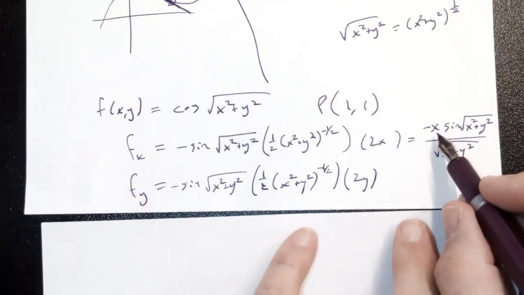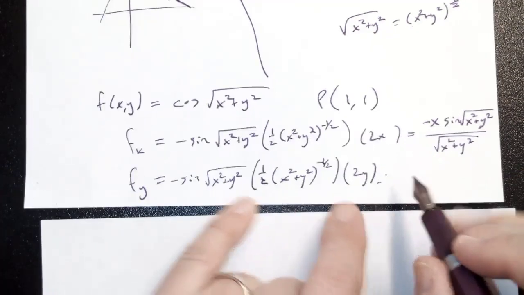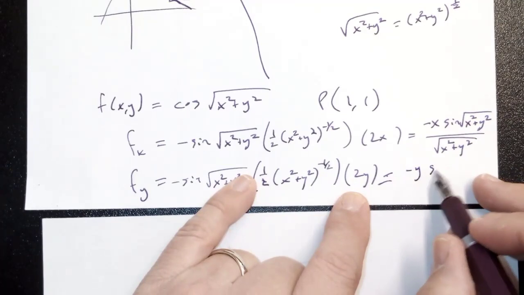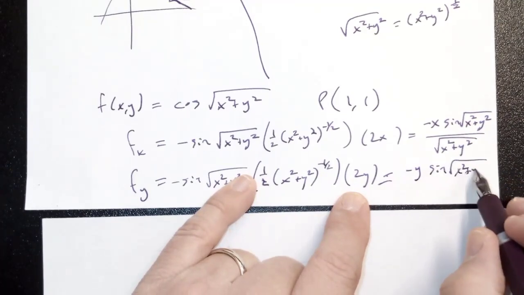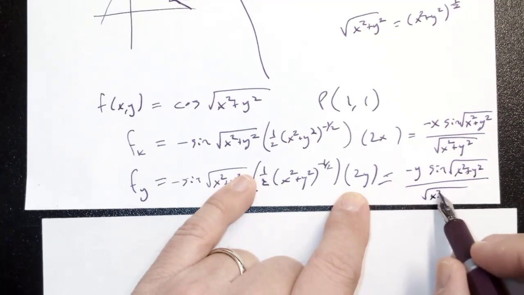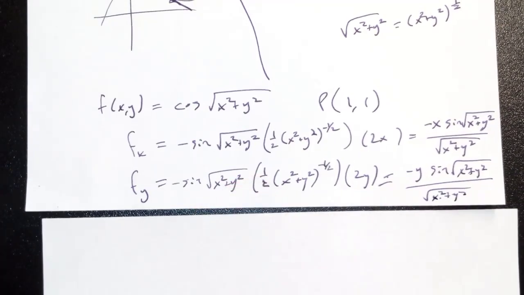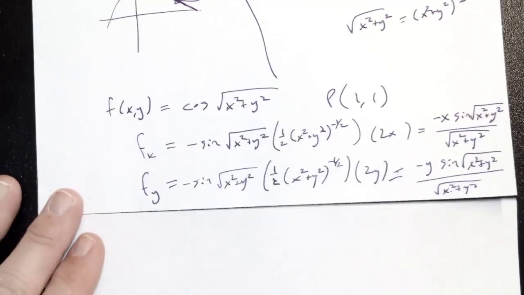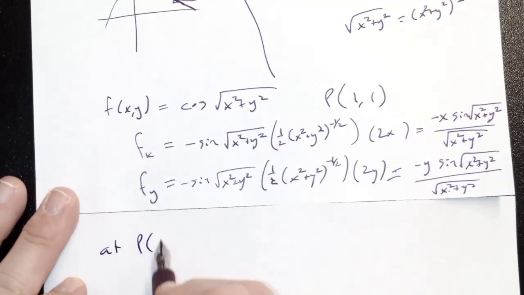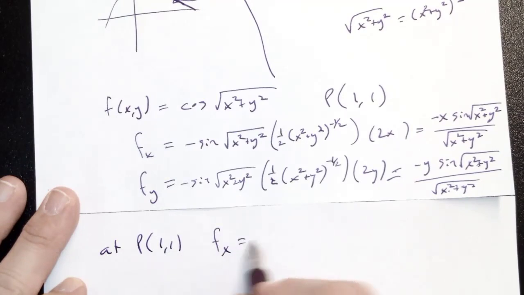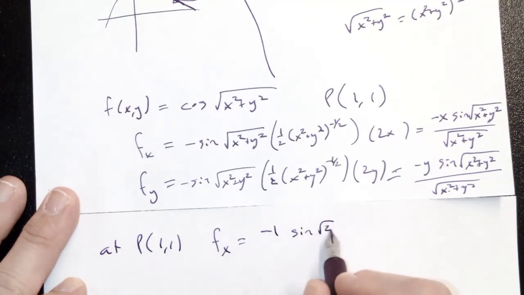So the only thing that changes is this x out here becomes a y: minus y sine square root of x squared plus y squared over square root of x squared plus y squared. Bleh. Now we pick our point. I picked (1, 1). When I look at that, I'm kind of annoyed because it means I need the sine of the square root of 2, which is gross. Negative 1 sine root 2 over root 2.